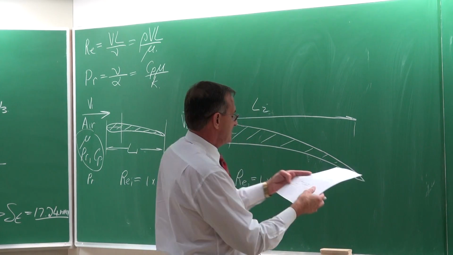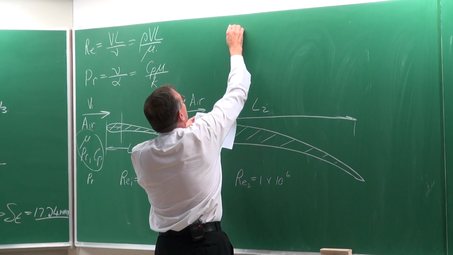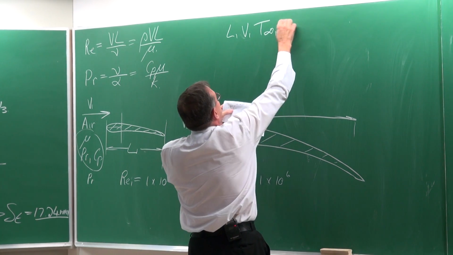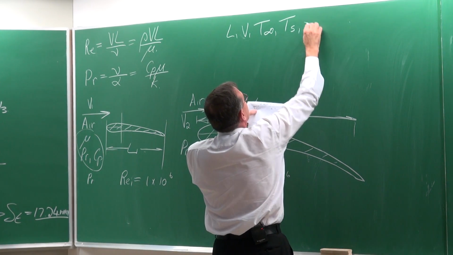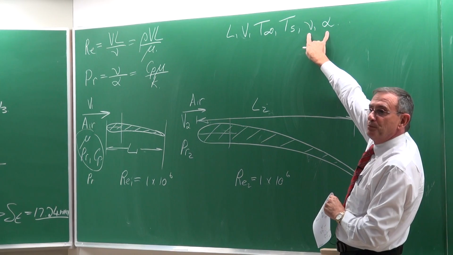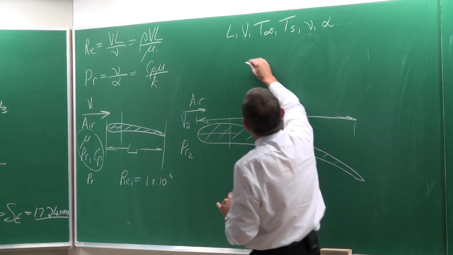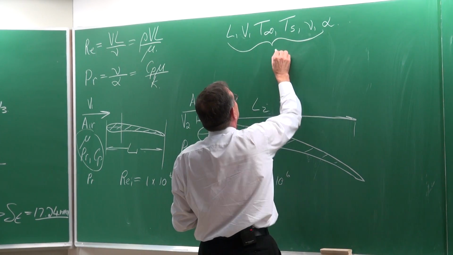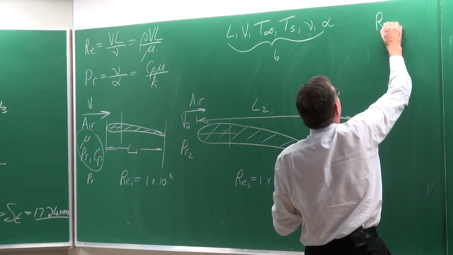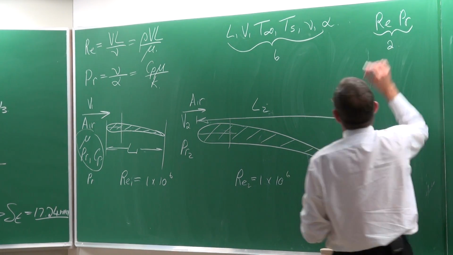What it does is actually take 6 variables, which would be the length, the velocity, T infinity, surface temperature, kinematic viscosity, and alpha. And in these terms there are actually many more terms, but in general we have 6 variables here. And we can reduce them by doing experiments with only 2 variables.